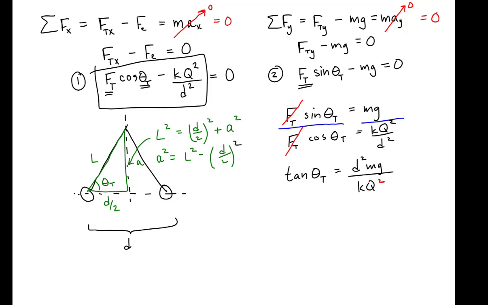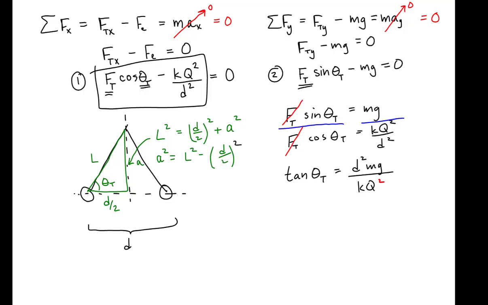The tangent of the angle between the string and the x-axis is equal to the distance between the charges squared times the weight of one of those charges divided by k times q squared. So the last unknown we really need to deal with is that angle, theta t.